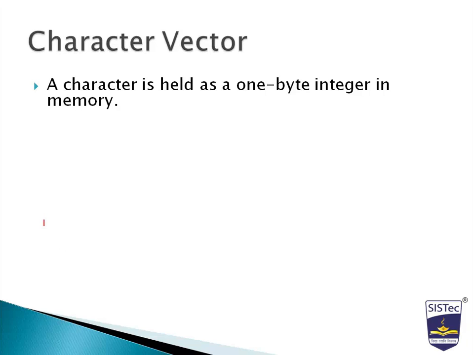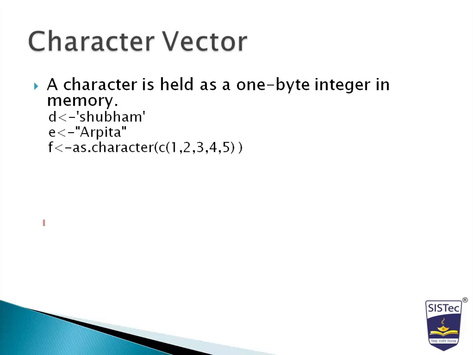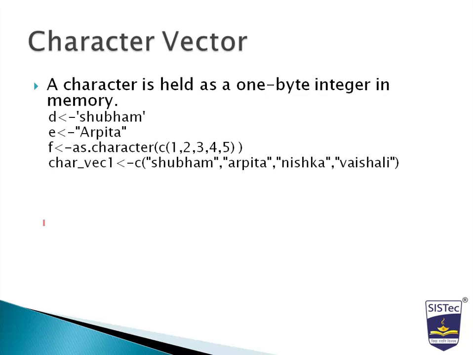Next is character vector. A character is held as 1 byte integer in a memory. For example, we have assigned Shubham to a variable d, then Arpita to e, and we also create a f that converts the numerical value into the character value using as dot character typecasting.